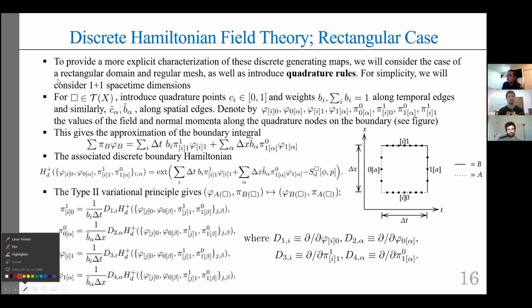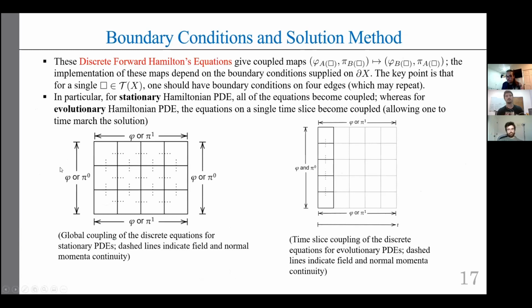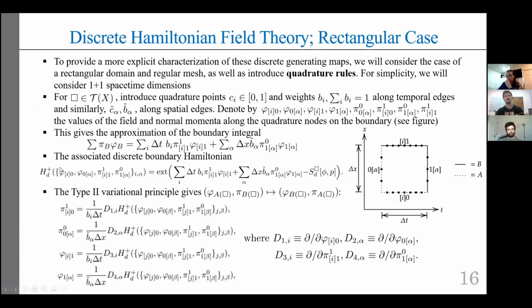So now we're going to assume that we have a rectangular grid, so we can write out these equations explicitly. We'll also assume that we have 1 + 1 space-time dimensions for simplicity. We consider higher space-time dimensions in the paper, but for clarity, I'll just do 2 dimensions.